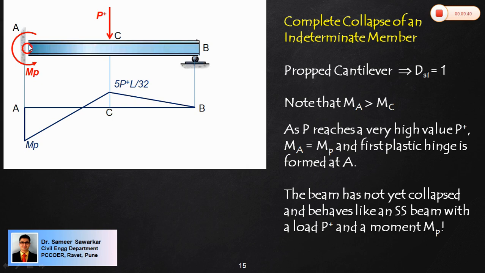But we have a hinge here, we have another roller support here, so the beam has not yet failed, mind you. The beam has not yet collapsed and behaves like an SS beam, that is a simply supported beam, with a load of P plus and a moment of MP.